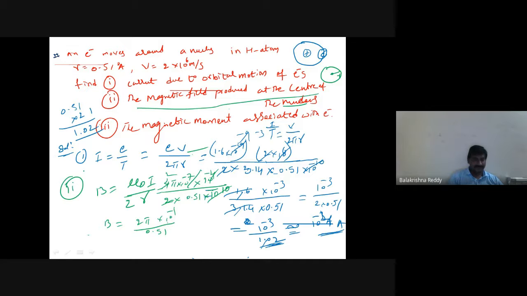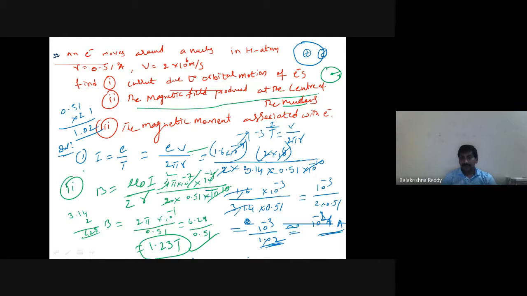How can I write this further? 2 into 3.14 is 6.28, divided by 0.51 gives 12.3, and along with 10 to the power minus 1 it can be written as 1.23 Tesla.